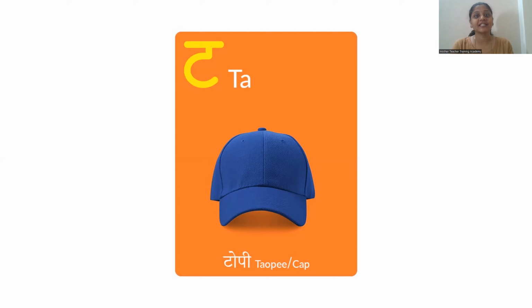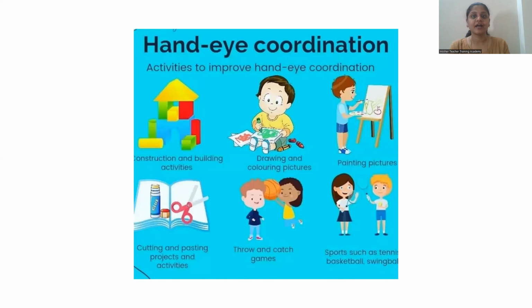And now let's see the tip of our day. So that is how to develop the eye-hand coordination. So what do you mean by eye-hand coordination? It's very simple. When your child is doing something, they should have that coordination to do it properly. That is, when they are writing, when they are playing, when they are holding something, for everything, there should be eye-hand coordination.